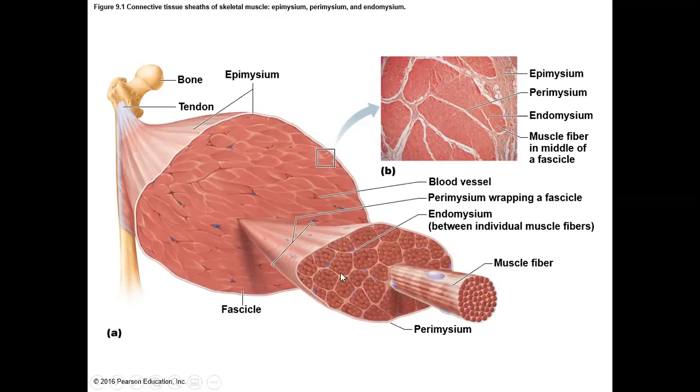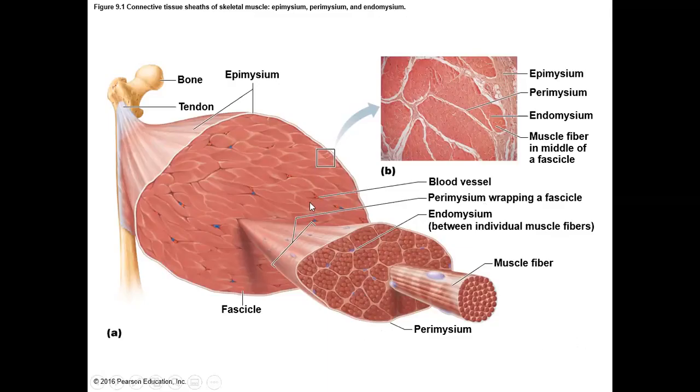Still love that word. And then each individual muscle fiber has that endomysium wrapping around it. You can see all the ways it's sheathed around each muscle fiber in this fascicle as well.